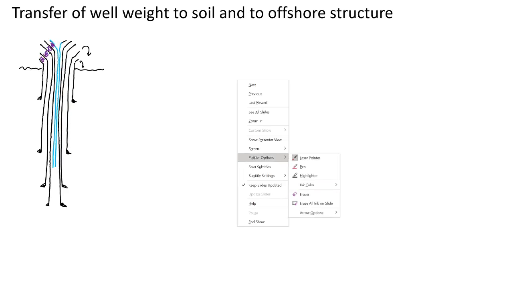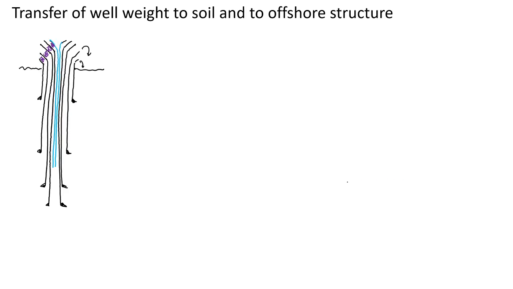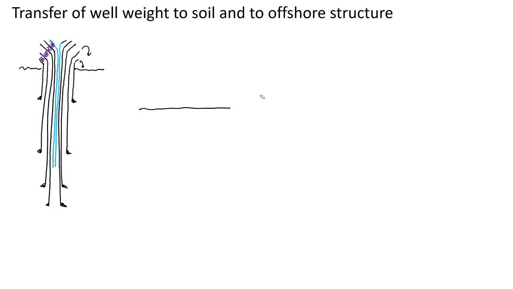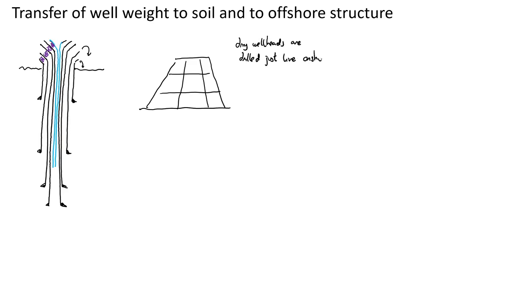So when we talk about, for example, dry wells that are on a jacket, dry wellheads are typically drilled just like onshore wells.